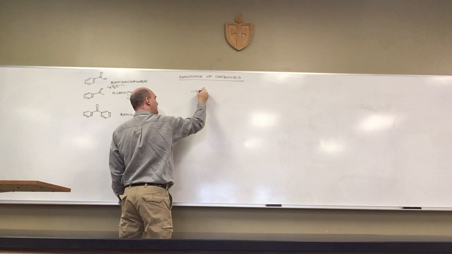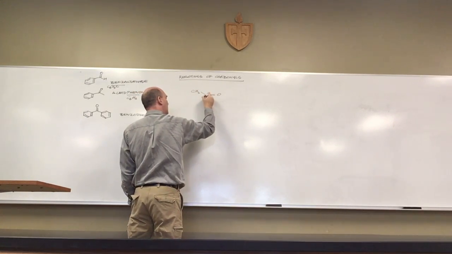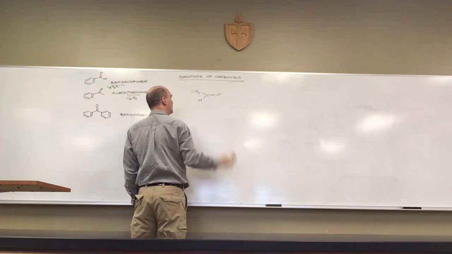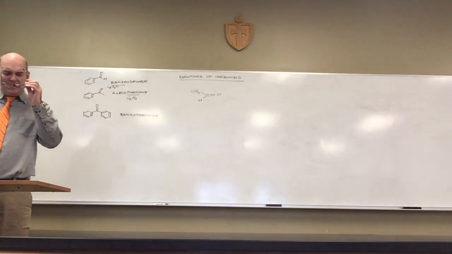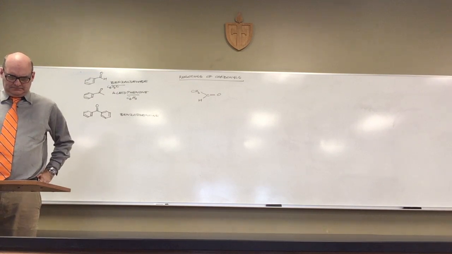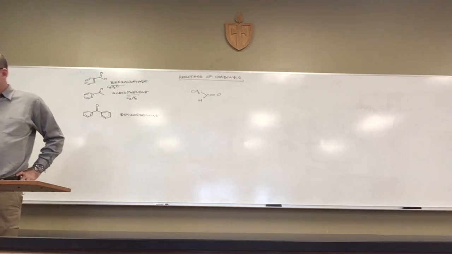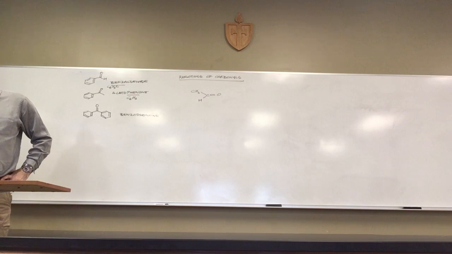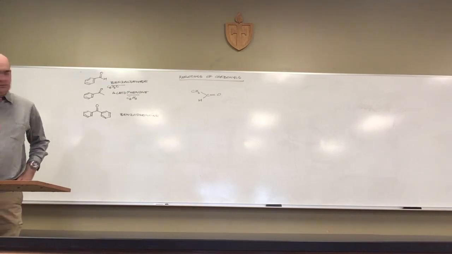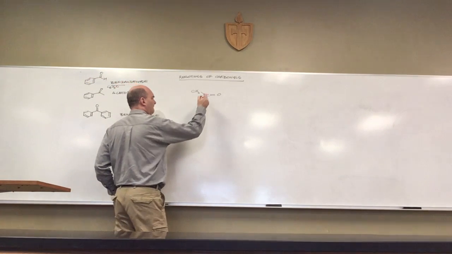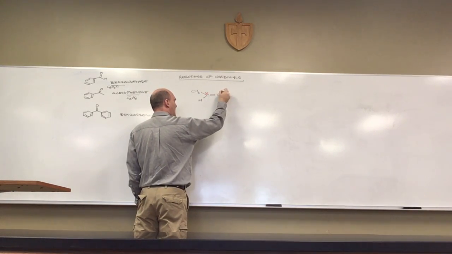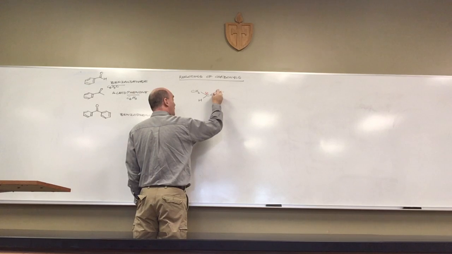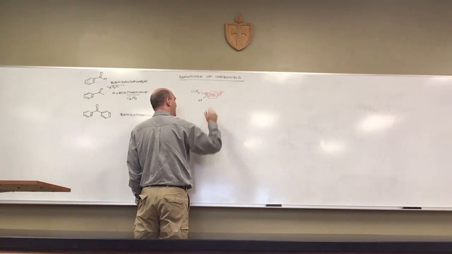Here is a nice small ketone, aldehyde is ethanol. See what it does. It has a positive end here. It has a negative end there. It has lone pairs and a pi cloud.